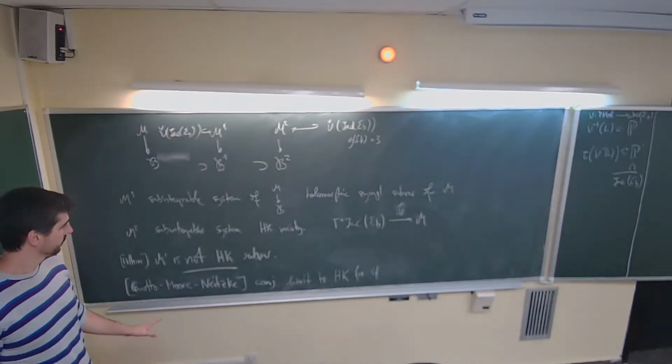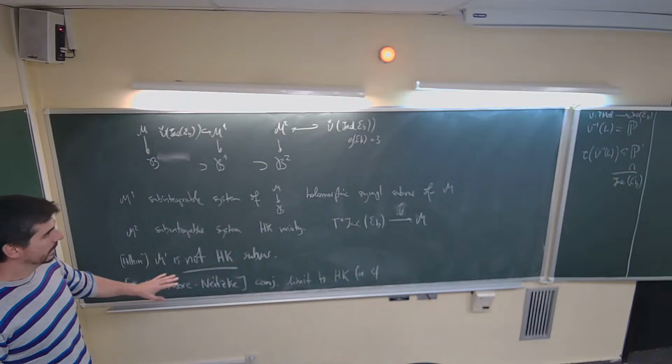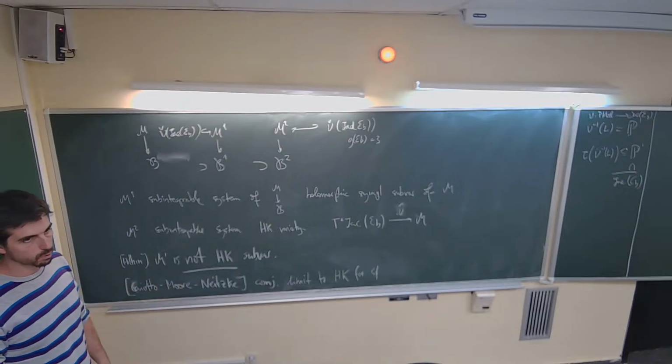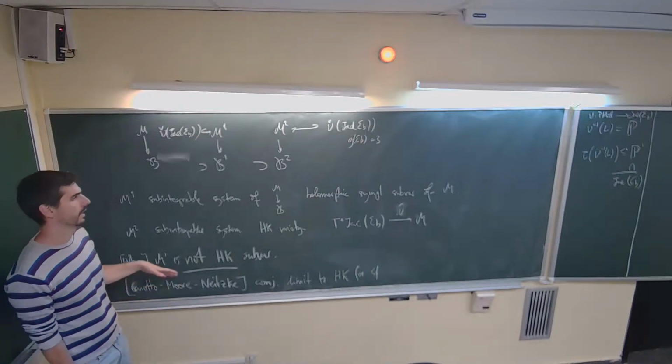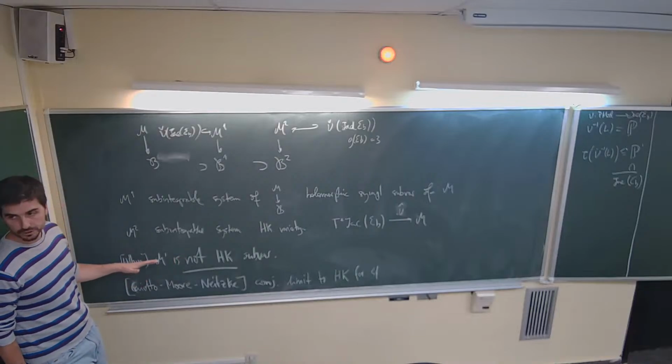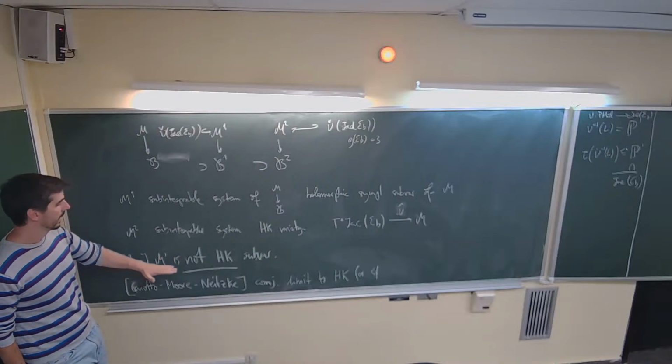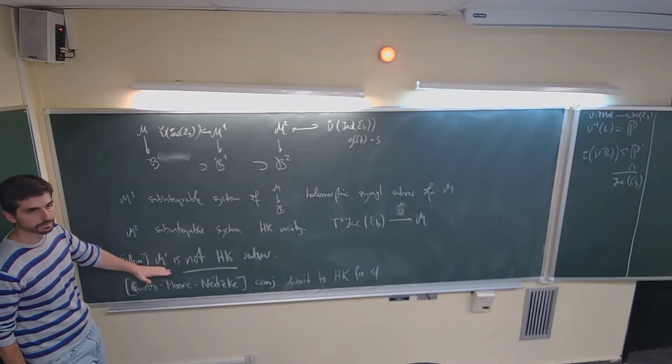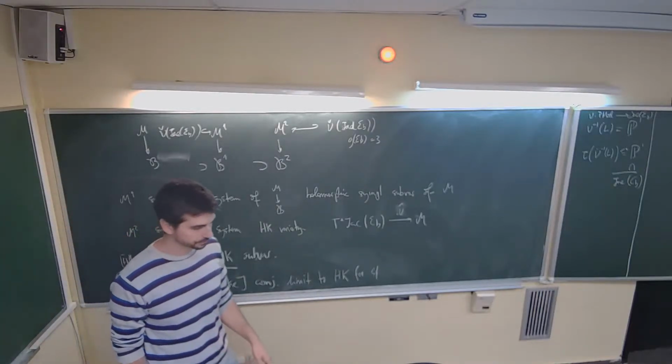Okay, so the objective of our work is to construct a Lagrangian subvariety, a BAA brane, whose Fourier-Mukai transform lies on this M1. Okay, and this is what we did.